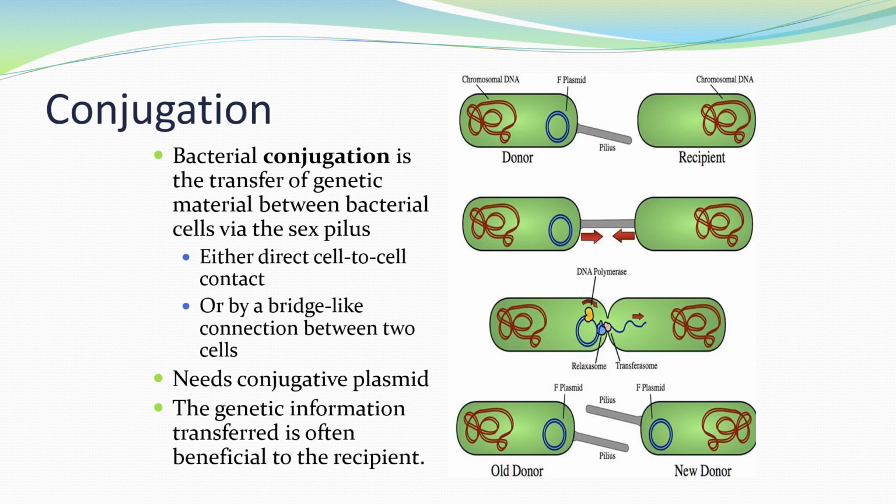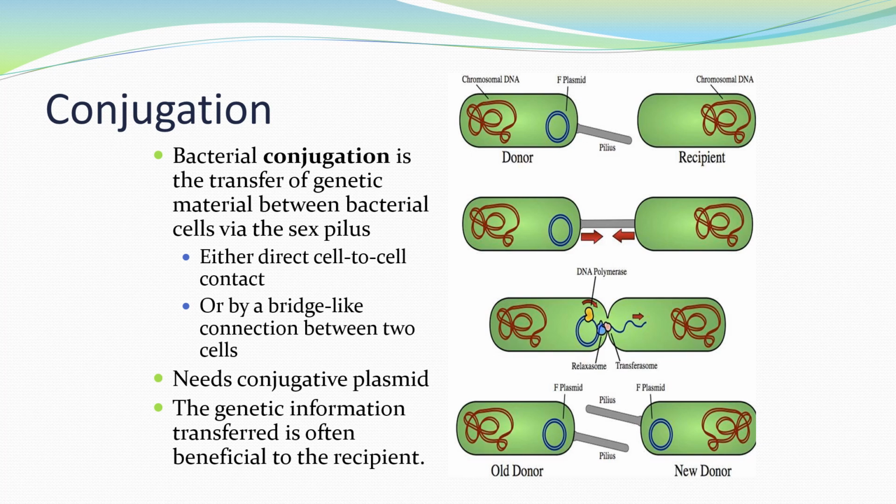Conjugation is going to be that first type of horizontal gene transfer. You can think of this one as being a more purposeful gene transfer, where a bacterial cell is going to have one of those sex pili project out from one cell to connect to another cell.